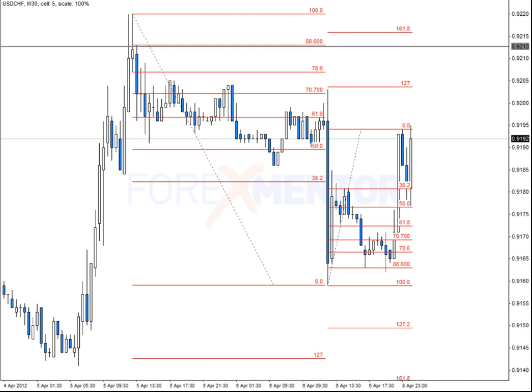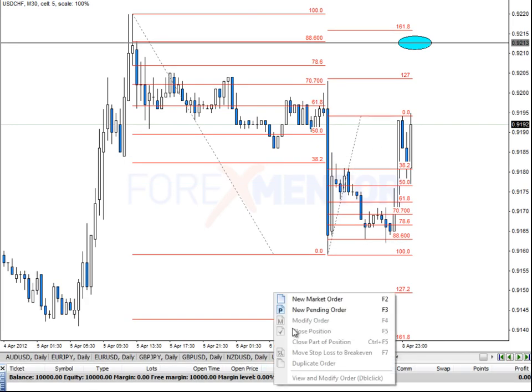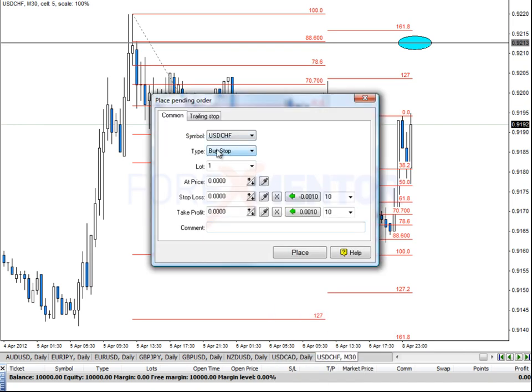That's the area that I'll be looking to place a trade at. Remember, I'm looking to use a limit order. That's the level right there, around 92.13. So if we move over to our platform and want to put an order in here, new pending order, I want to set a sell limit at the level of 0.9213.